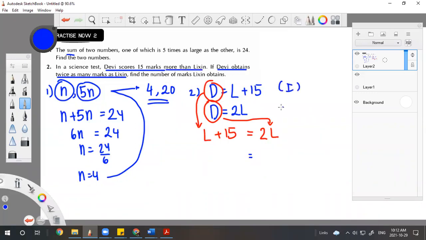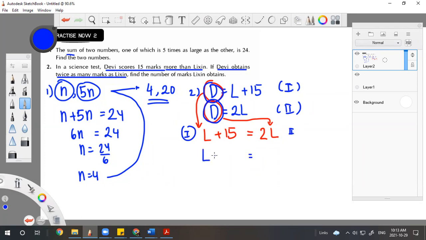So the first clue equals the second clue. So you just write like this.